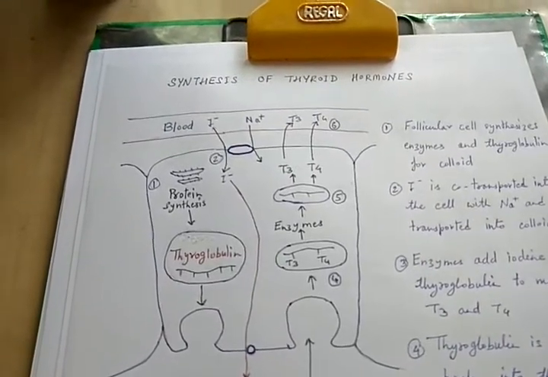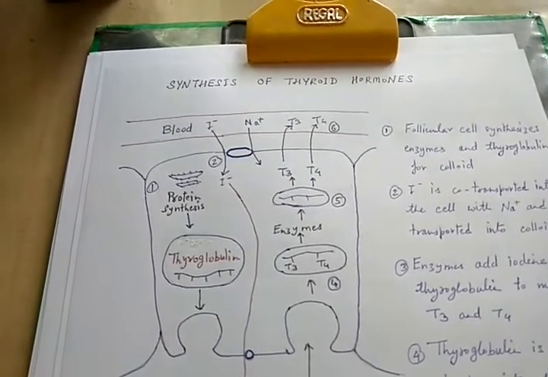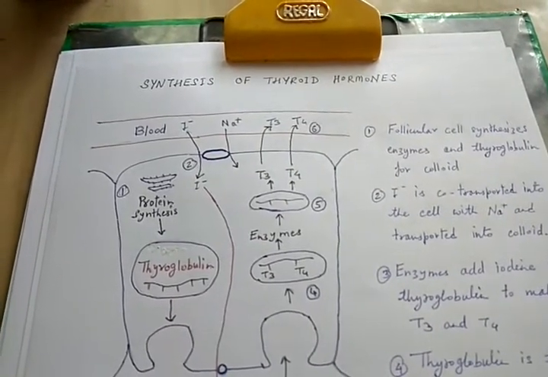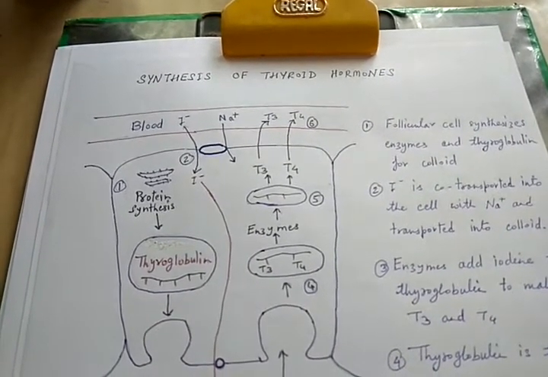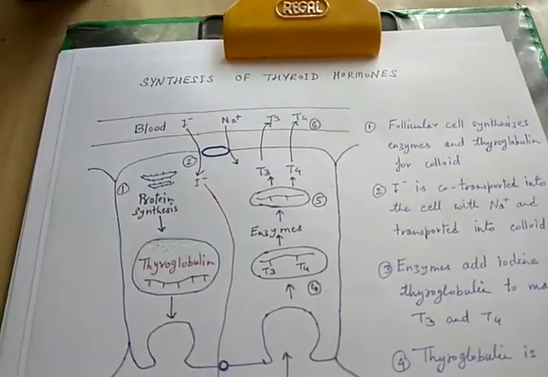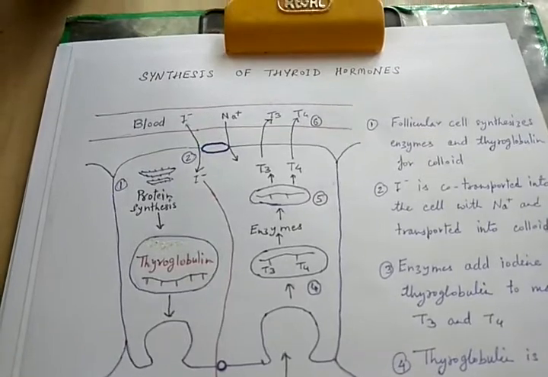So when the TSH binds to its receptors in the thyroid follicular cells, the synthesis of thyroid hormone starts.